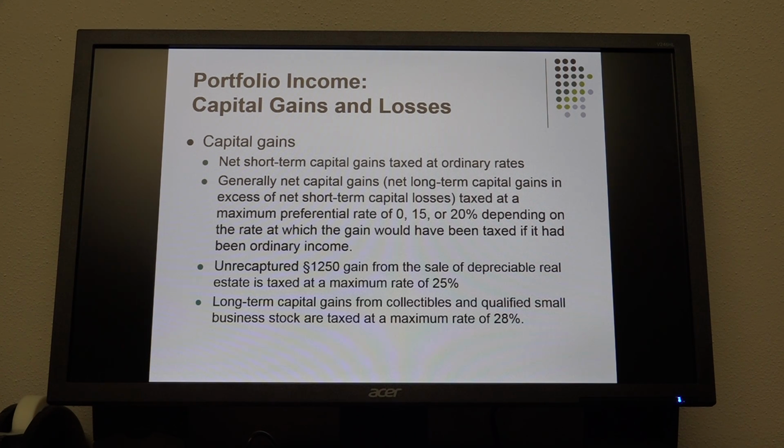This is part of what we'll talk about in that supplemental lecture, but I'll just go through it pretty quick. You determine your capital gains by this netting process.